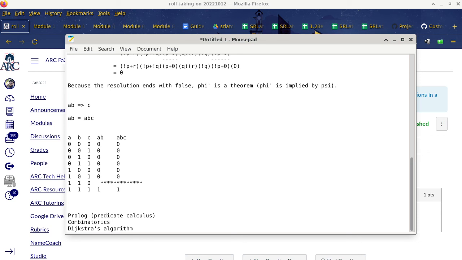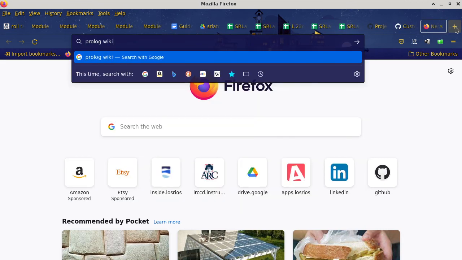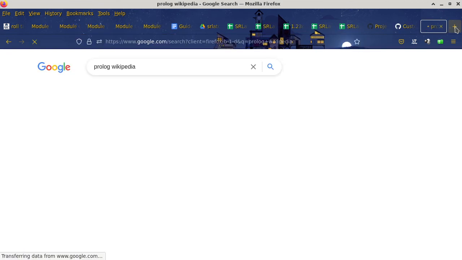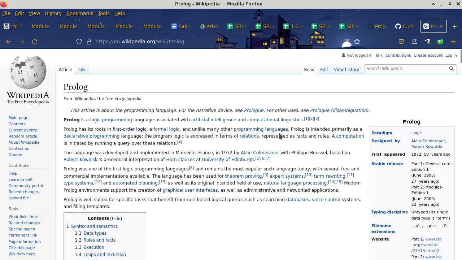Yes? What's the use of Prologue again? Prologue used to be an AI programming language. If you look it up, that's a very good question. If you look up Prologue on Wikipedia, it is a programming language that once was associated with AI.